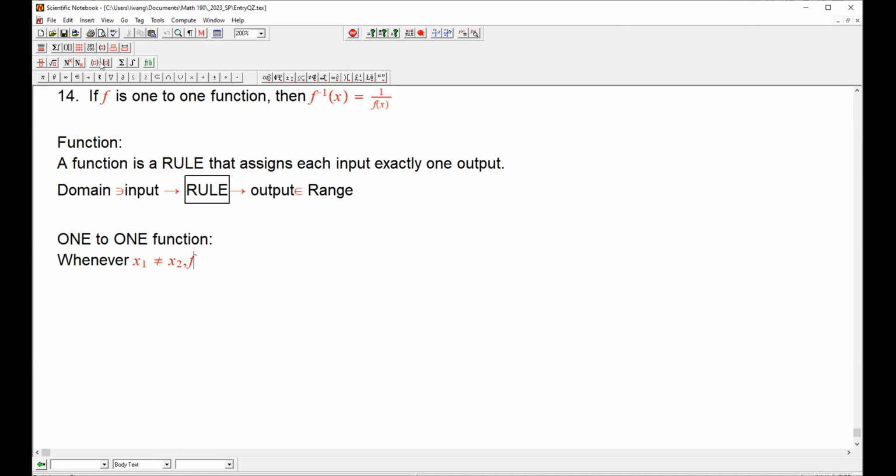So whenever the inputs are different, the outputs are different. Whenever x sub 1 and x sub 2 are from a specific interval, okay.